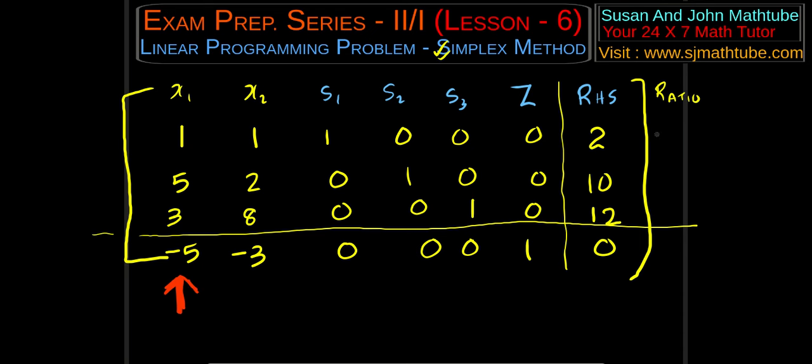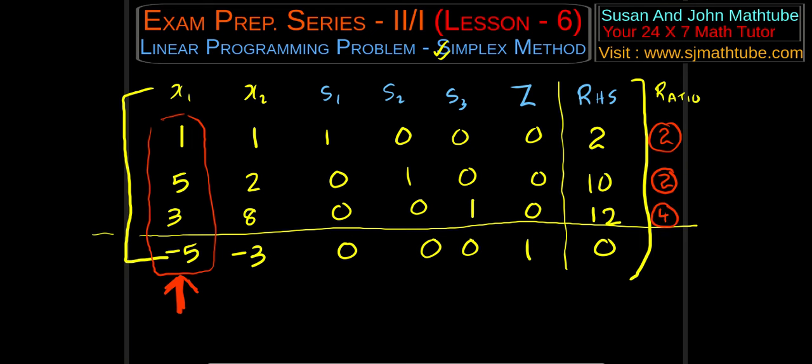And now you take the ratio. So we already have the pivot column. Now the ratio is 2 by 1 and 10 by 5, that is 2, and 12 by 3, that is 4.